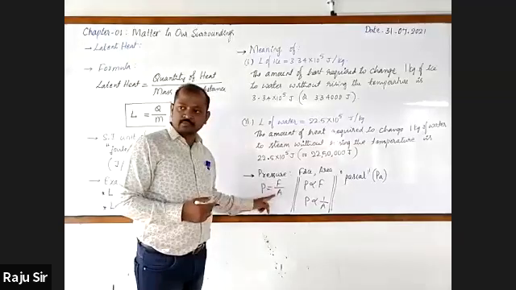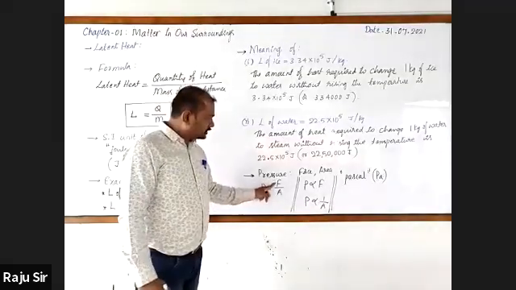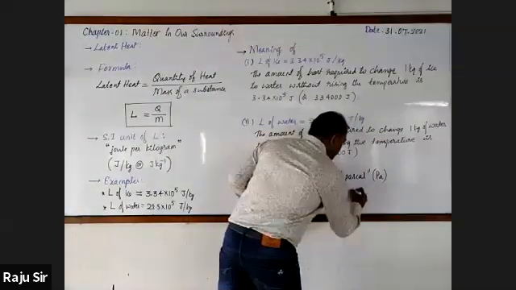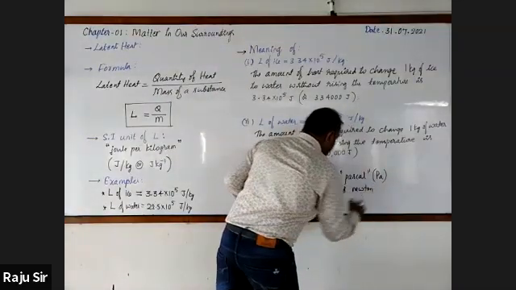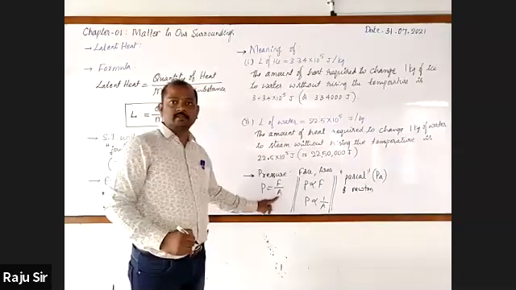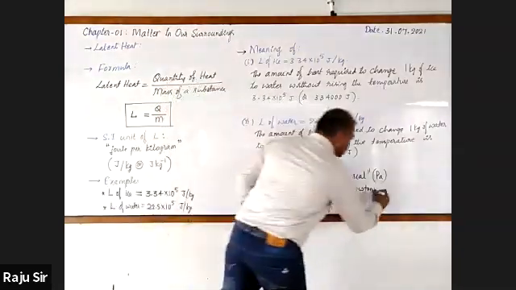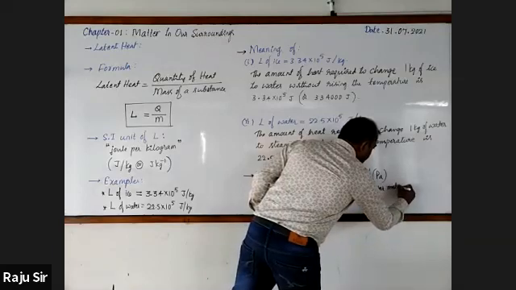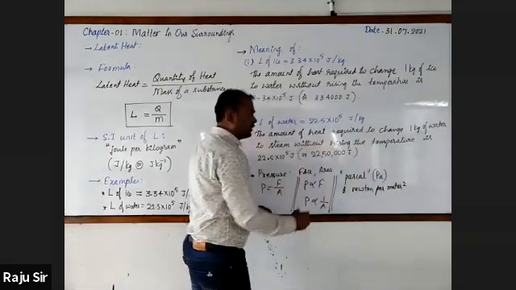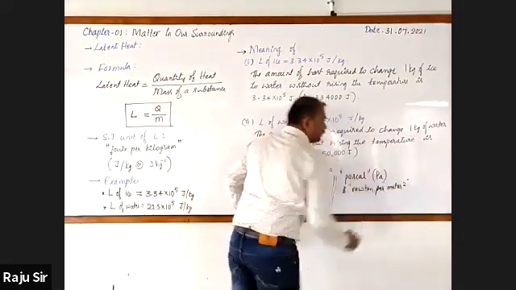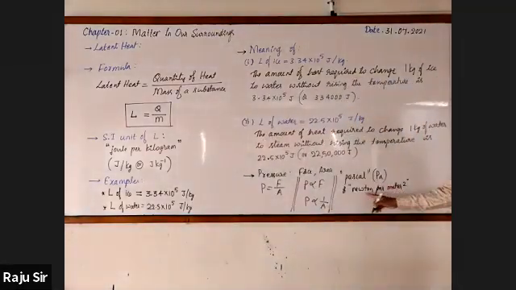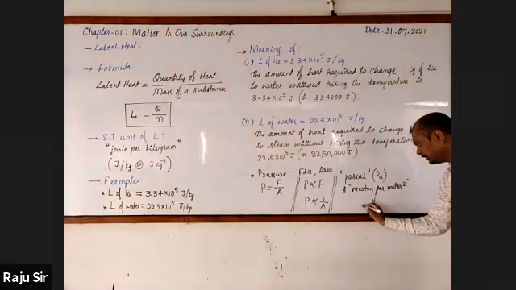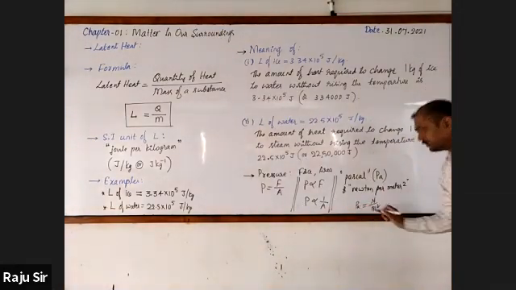See, when you use the formula, you can come to know that the SI unit of force is Newton and area is meter square. So Newton per meter square is nothing but 1 Pascal, right?